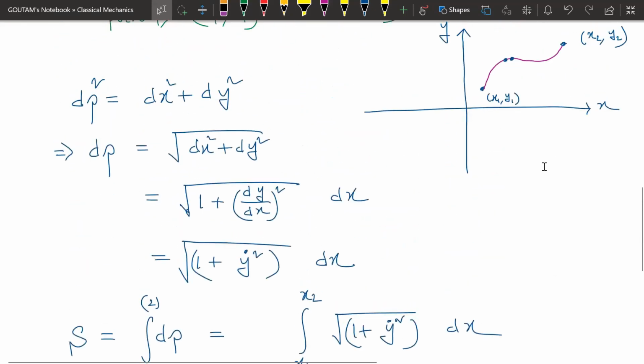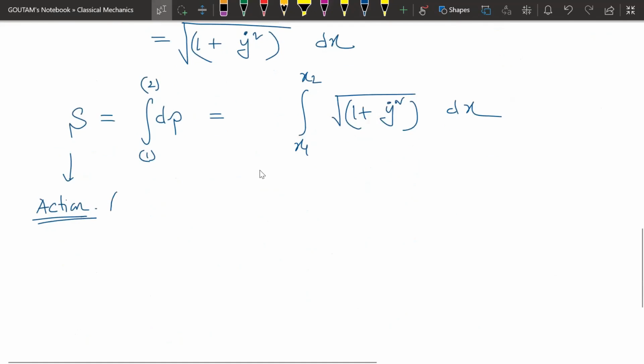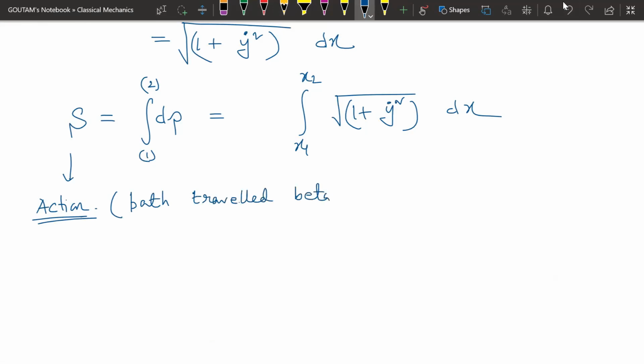So this is the action now, which is basically, let's say not distance, the path traveled between 1 and 2.